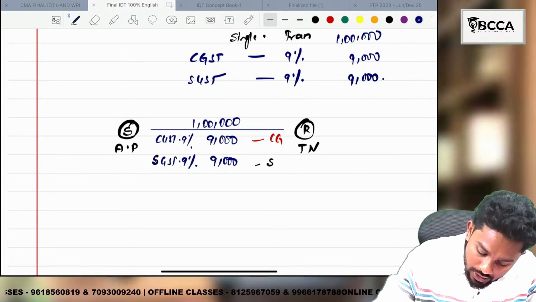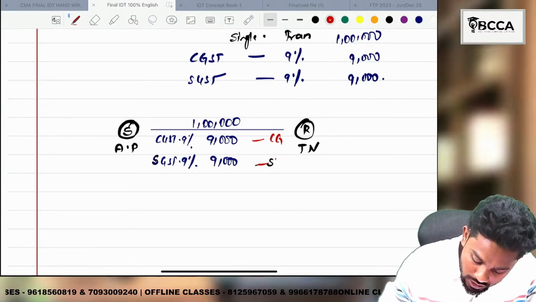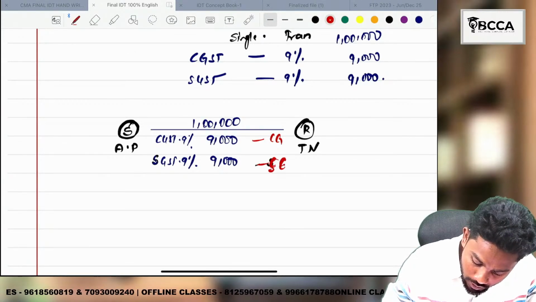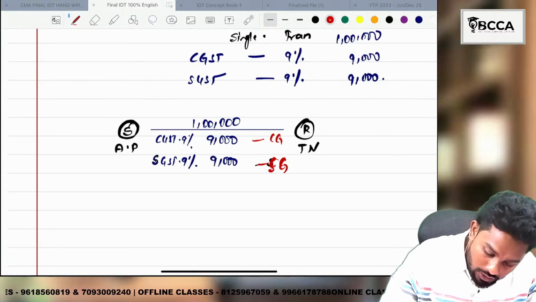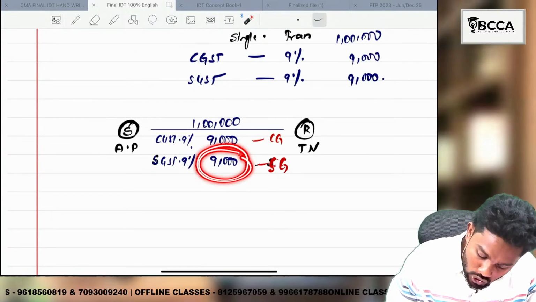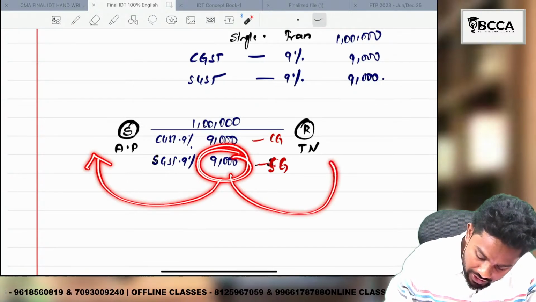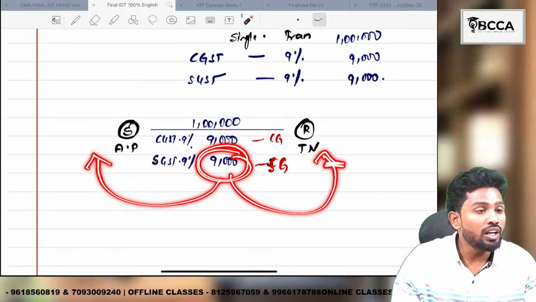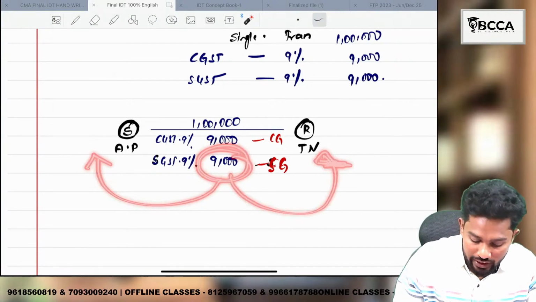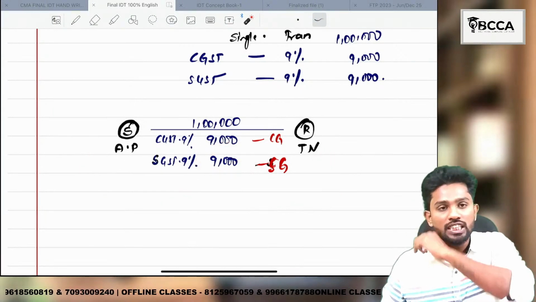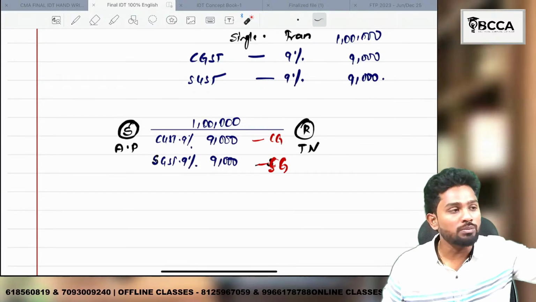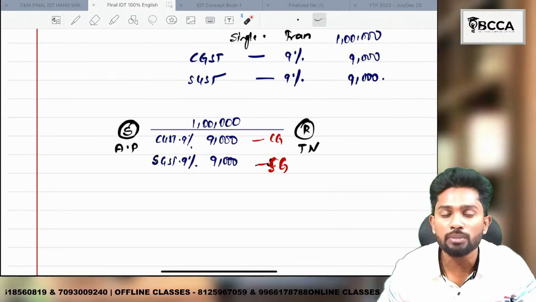They took their 9,000 share. But now state governments are having a problem. What is the problem? This 9,000, whether it has to be given to AP or whether it has to be given to Tamil Nadu. So the problem or the conflict is with the states. Both the states are fighting. This 9,000 has to come to AP. This 9,000 has to come to Tamil Nadu.